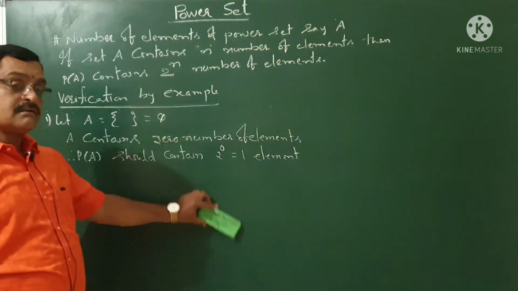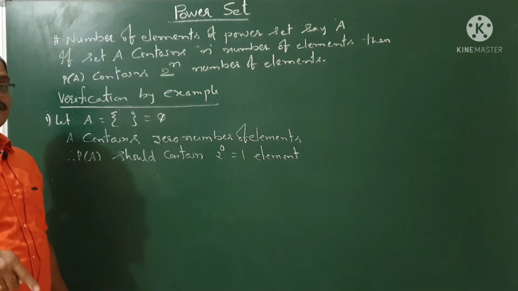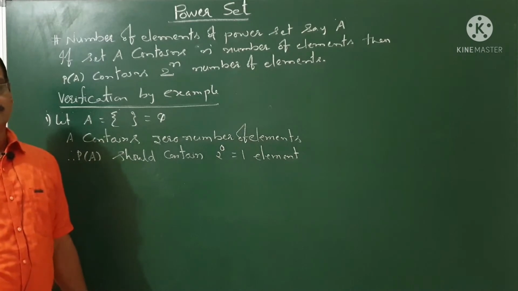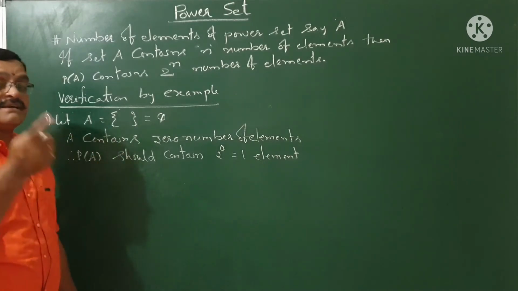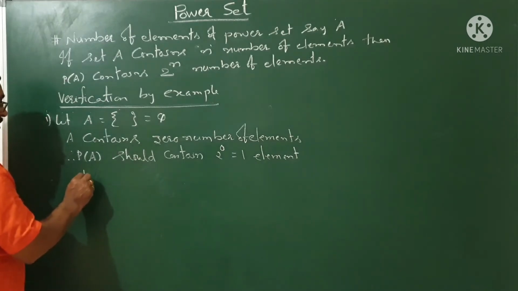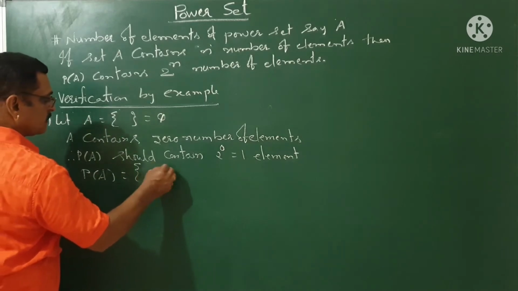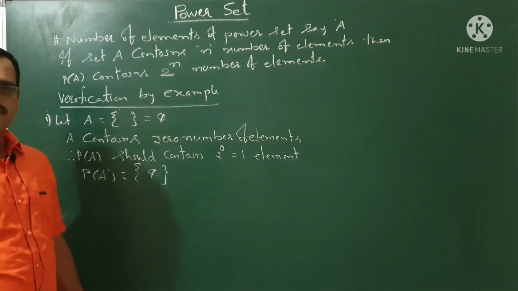What is that element? See, every set is a subset of itself. That means the empty set is a subset of itself. Therefore, P of A is equal to the set containing the empty set. One element. This is true.